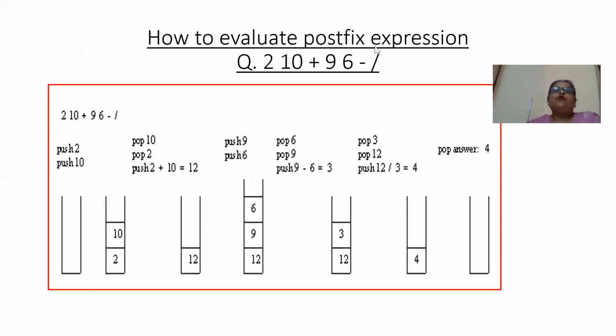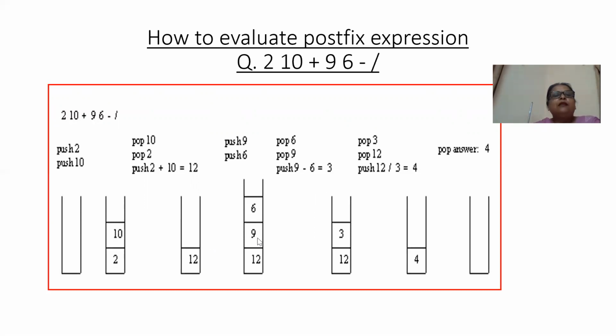How to evaluate a postfix expression? This question: 2, 10, plus, 9, 6, minus, slash. First push 2, again push 10. Then there is operator plus. When an operator comes, it acts on two elements: 10 plus 2, that is 12.